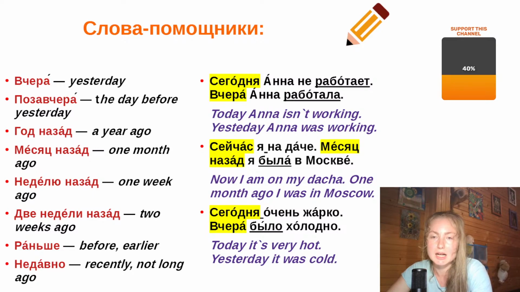Next word is раньше. Раньше means before or earlier. And the last helper word is недавно. Недавно means recently or not long ago. And what examples do I give to you? So the first example is in the right column. You can see the Russian example and its English translation.